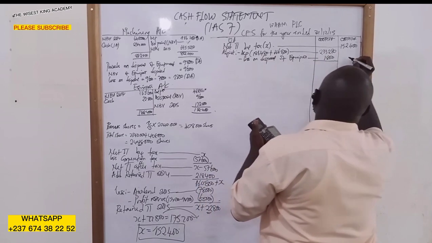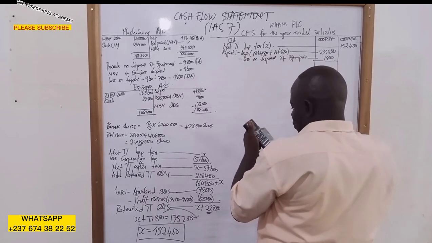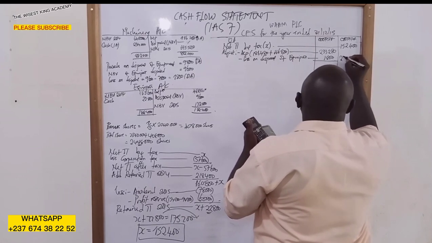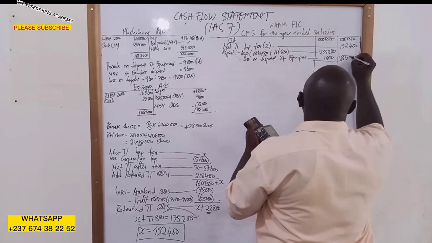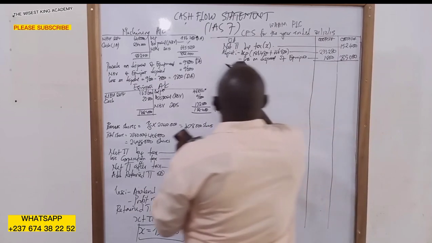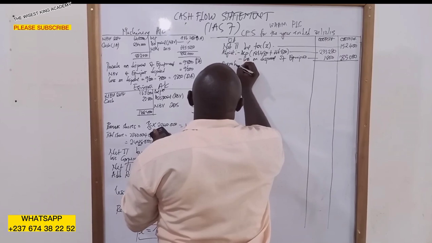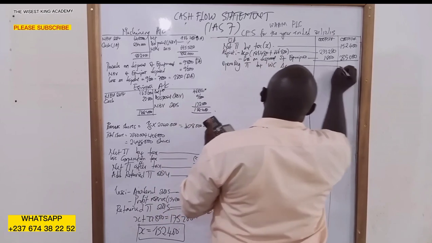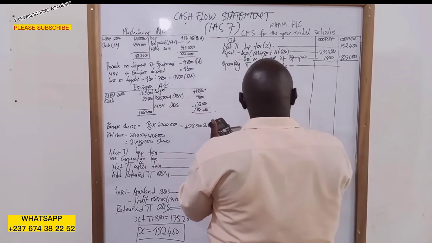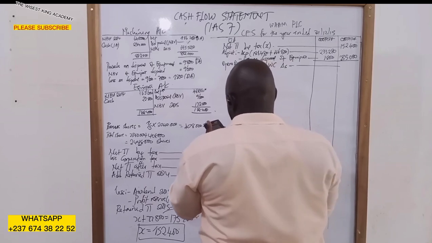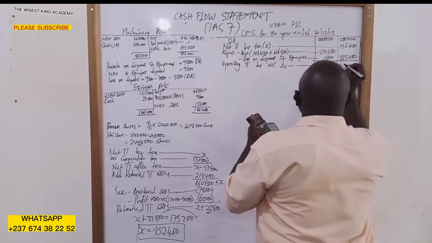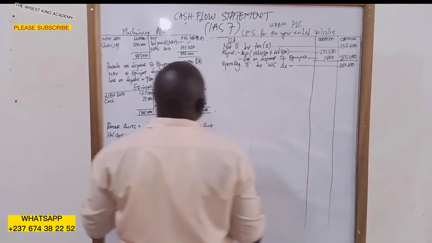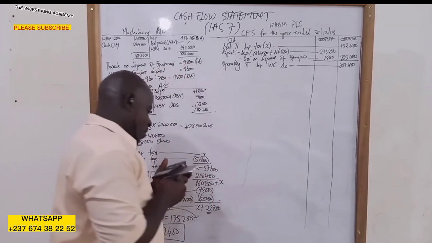If I add the 1,800, it gave me 235,080. When I add my profit of 152,400, the operating profit before working capital changes will be 387,480.